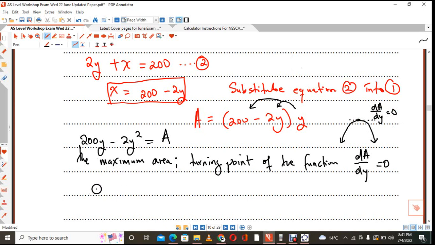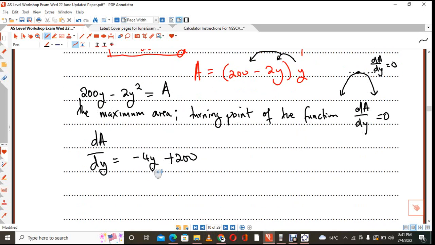So that means dA/dy, if you differentiate, that's going to be minus 4y plus 200. Hope you still remember how to differentiate. Okay, that's going to be 200 minus 4y. Right, so what did I say?